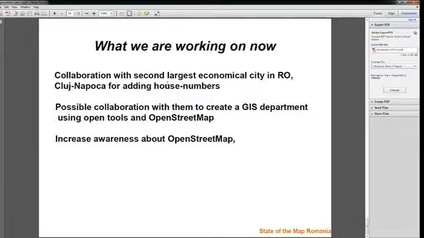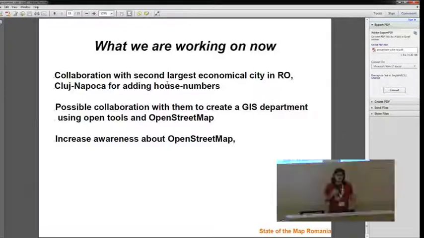What we are working on now is collaborating with the second largest economic city in Romania, that is Cluj-Napoca. They don't have a GIS section yet, and they would like to develop one, and we are collaborating with them to help them build their data on open tools like QGIS and on OpenStreetMap.